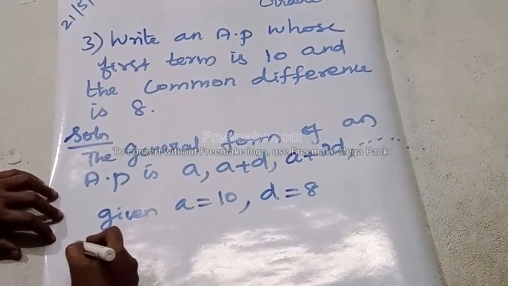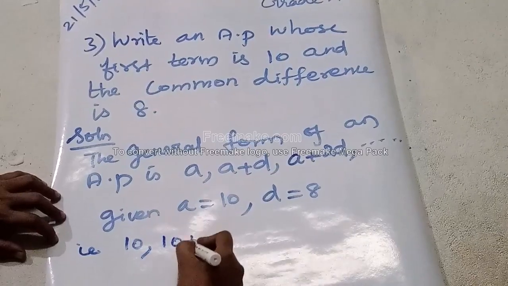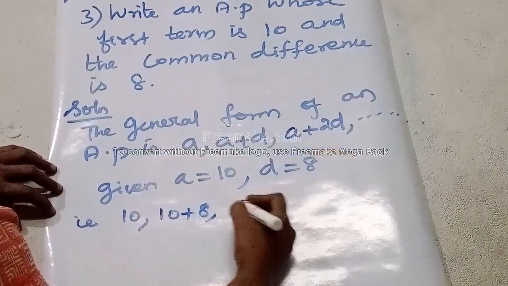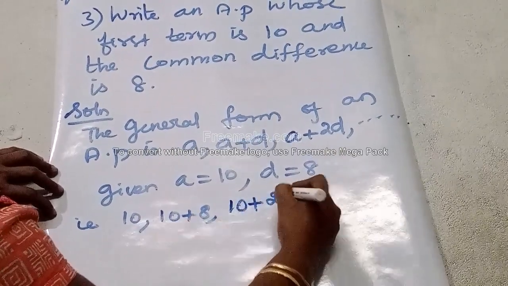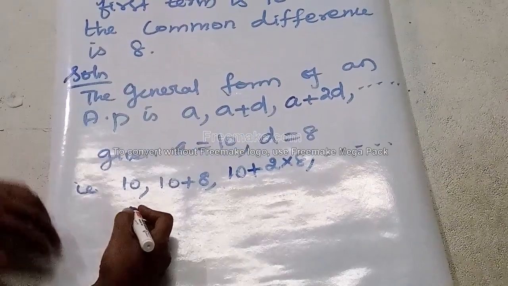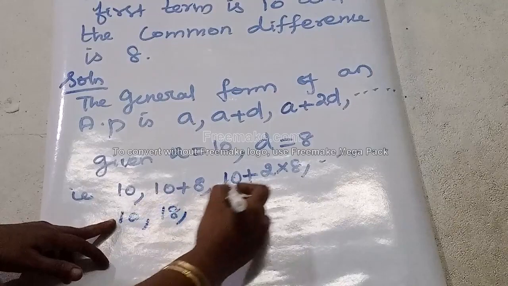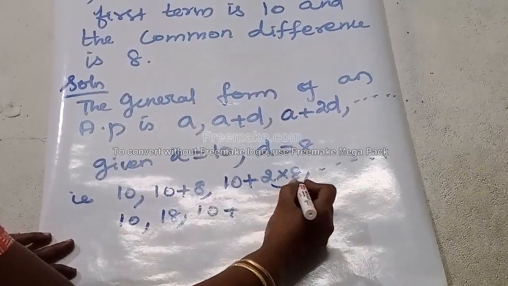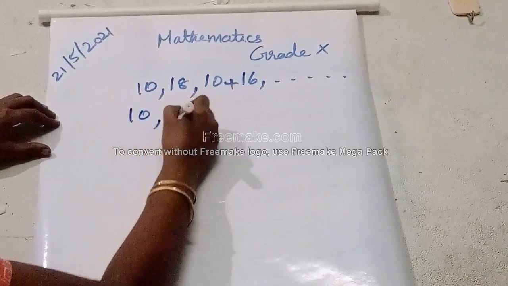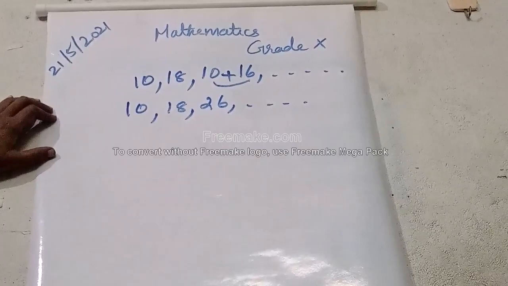So first term A, that is 10 comma, A plus D, second term, 10 plus 8 comma, next A plus 2D, so 10 plus 2 into 8, comma etc. That is 10 comma 10 plus 8 we have 18 comma, 10 plus 2 8s are 16, 10 plus 16 we have 26 comma etc. What is the question here?